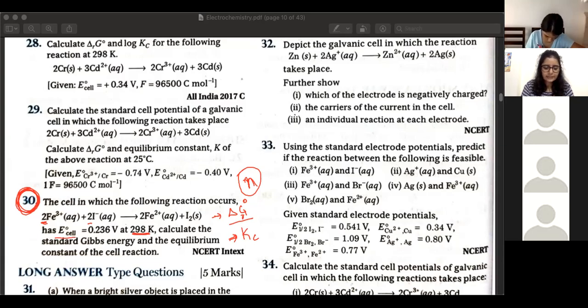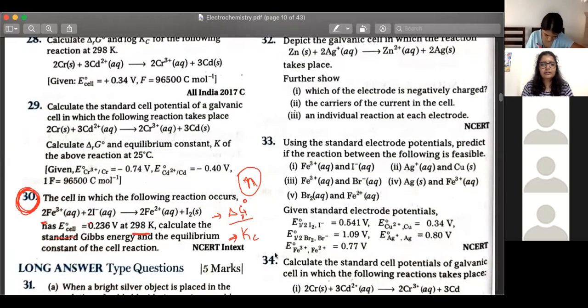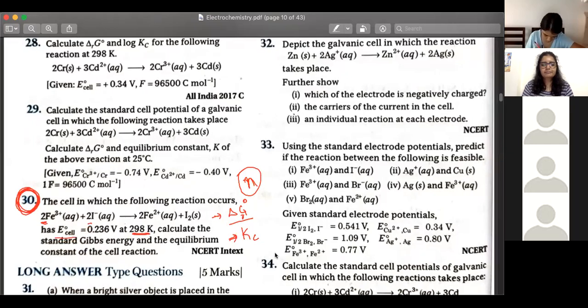Miss, your screen suddenly turned blank. Can you reshare? Yeah. For Kc, even if you send me the log Kc value, that will be fine. If you can find the anti-log directly from a calculator or elsewhere and send it to me, that's fine.